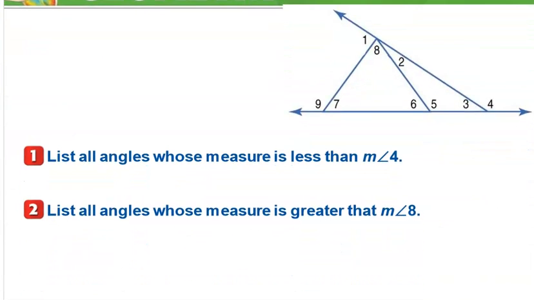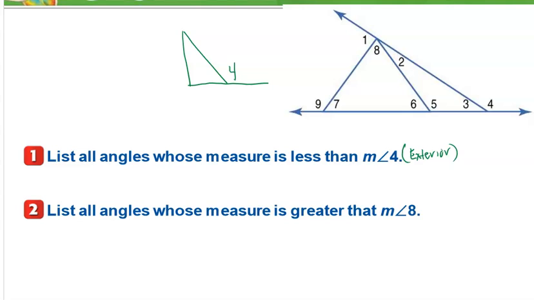So you're going to get a picture like this, and you have to say, okay, list all angles whose measure is less than the measure of angle 4. Well, angle 4 is an exterior angle, and it's exterior to several triangles in this picture. There's the triangle that looks like this.